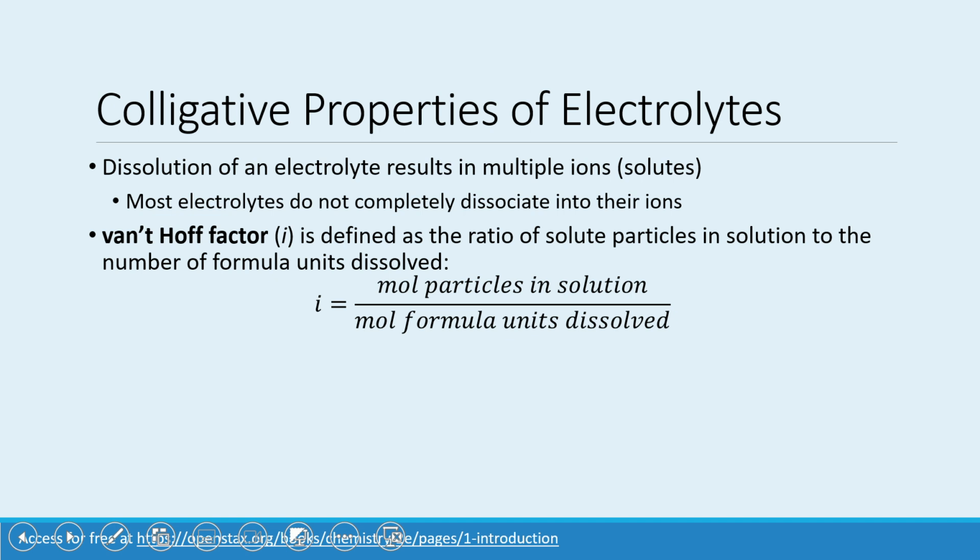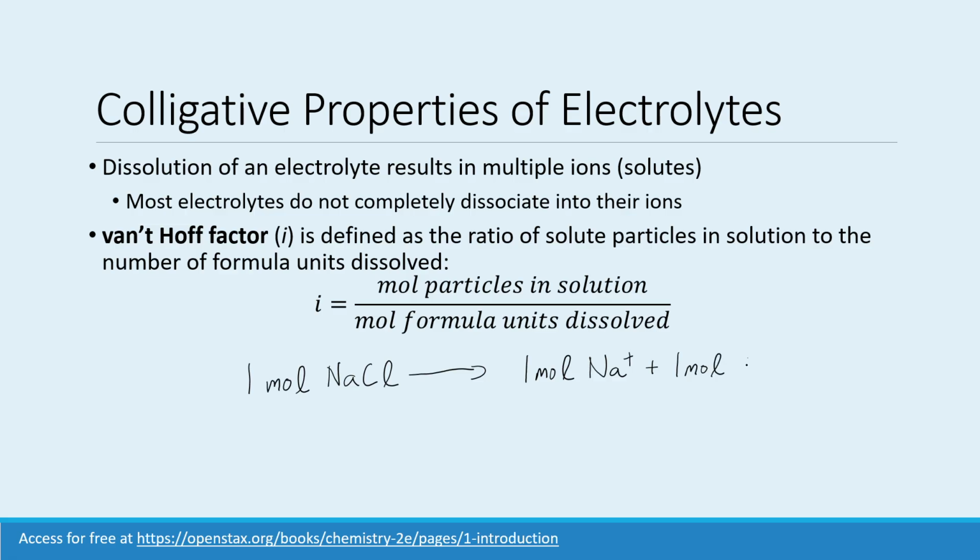And so what happens is that if you have, let's say, 1 mole of sodium chloride, just as an example, when that dissociates in water, it breaks apart into 1 mole of sodium ions plus 1 mole of chloride ions.